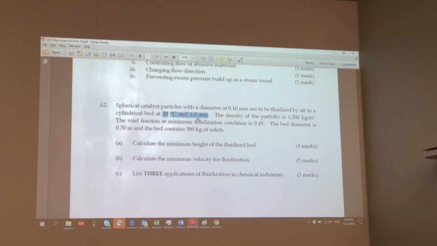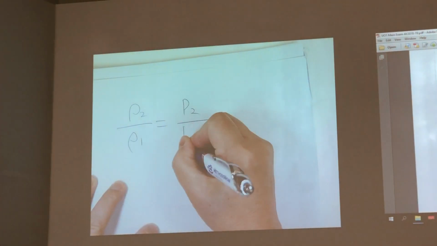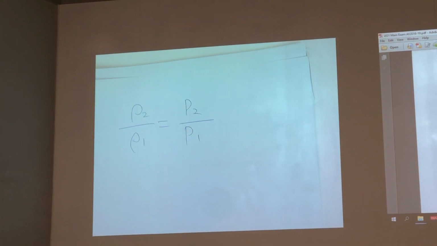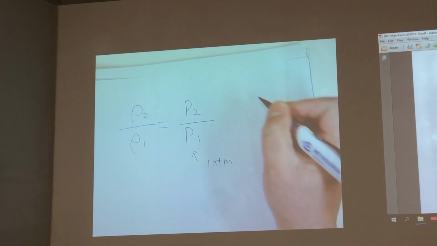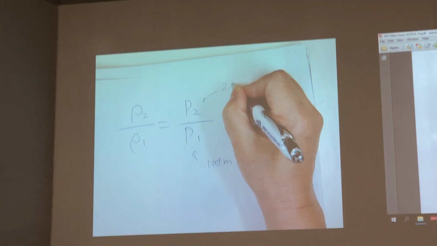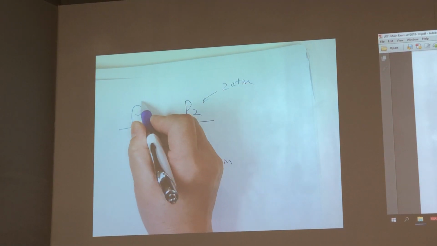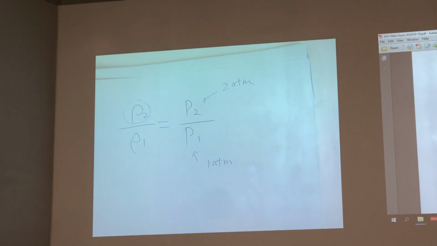Usually if you check the air table, you can only find the density at 1 atm. But if I give you 2 atm, it means the density will be doubled. Okay? Density will be doubled, right?